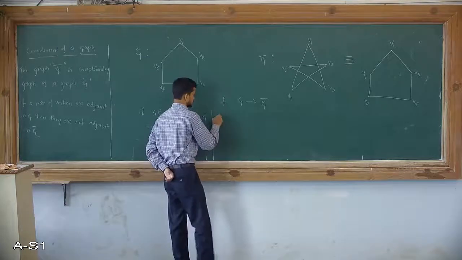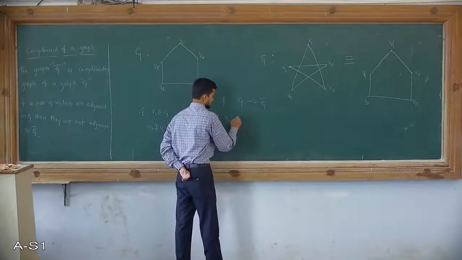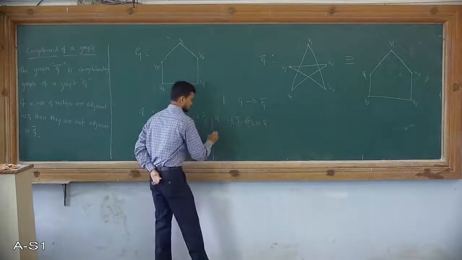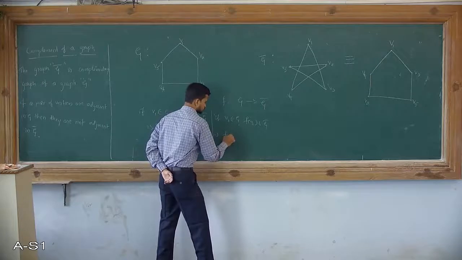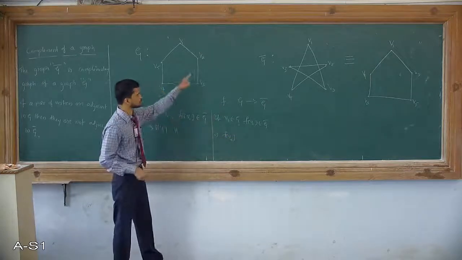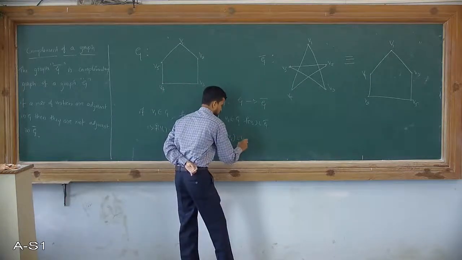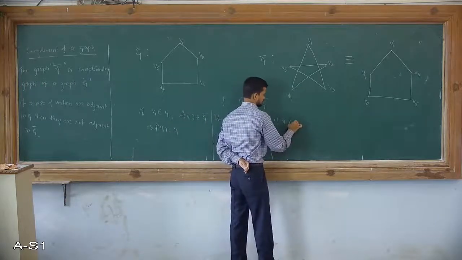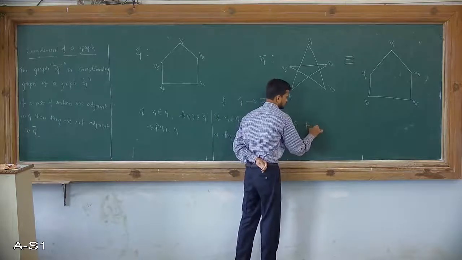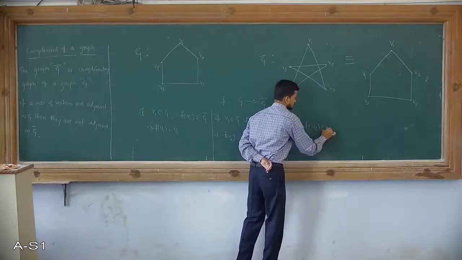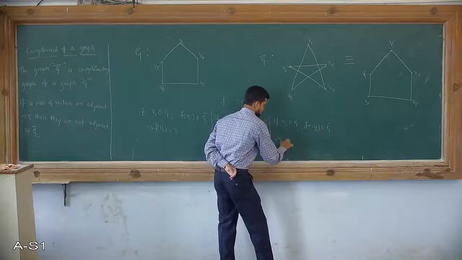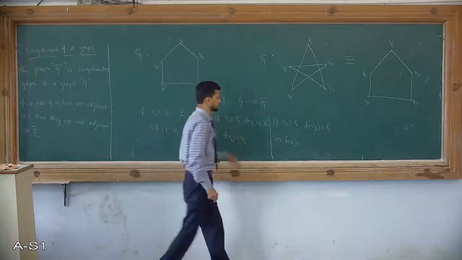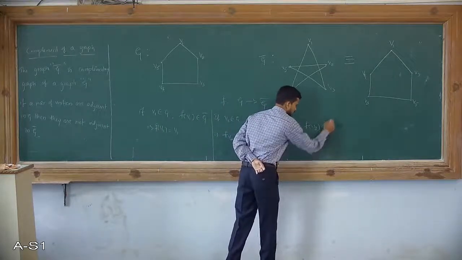If V2 belongs to G, f of V2 belongs to G bar. So which implies, what is f of V2 here? V2 stands for f of V3. Similarly, if V3 belongs to G, f of V3 belongs to G bar. So which implies f of V3 is equal to V5.